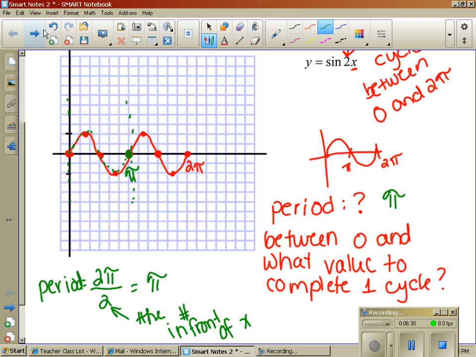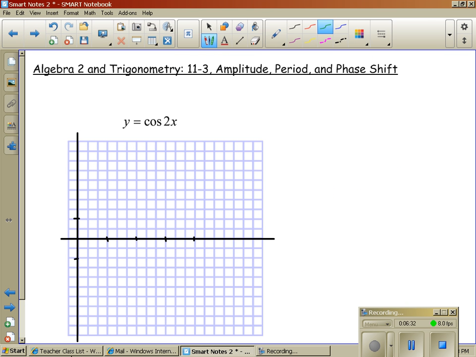Okay, let's try another one. Let's do cosine now. Same idea. Your basic cosine curve now starts at 1, goes down, ends at 1, right? So if I want to put 2 of those between 0 and 2 pi, I need to fit one of them between 0 and pi. Do the same thing. Where does it start? Where does it end?